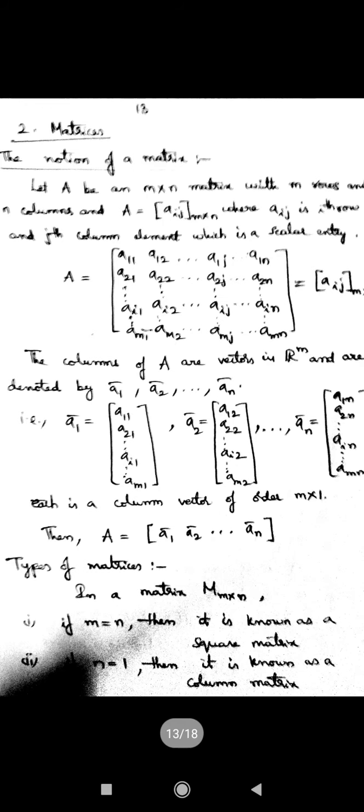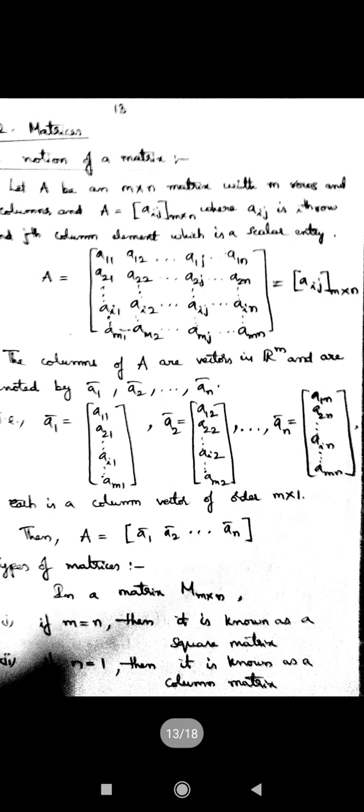The columns of A are vectors in Rm and are denoted by A1 bar, A2 bar, so on, An bar. Instead of writing the matrix so elaborately, we are making it into a simpler form by taking each column as a column vector and denoting it as A1 bar, A2 bar, so on, An bar.